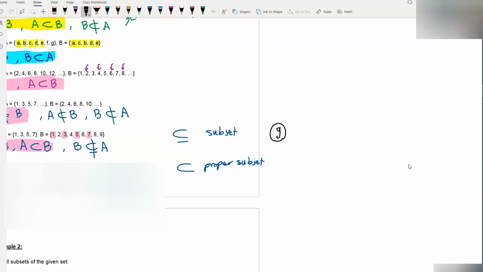So for part G, I'm going to have A as 1, 2, 3, 4, 5, 6. And for B, I'm going to have 2, 4, 6, 8.